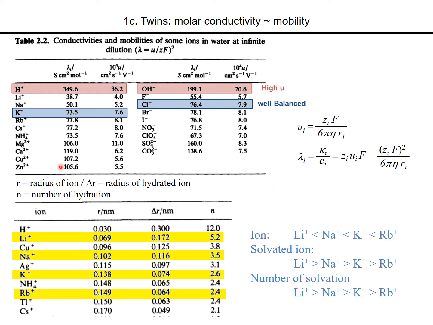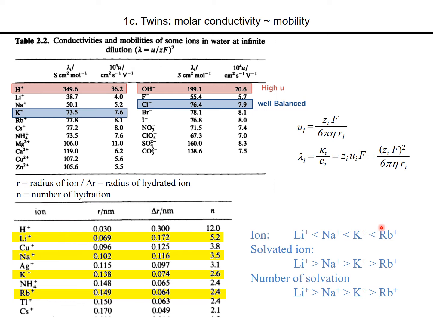Let me check the pure ion size and also the solvated ion size. From this table, you could recognize that the size of pure ions is bigger as you go from lithium plus, sodium plus, K plus, and Rb plus.